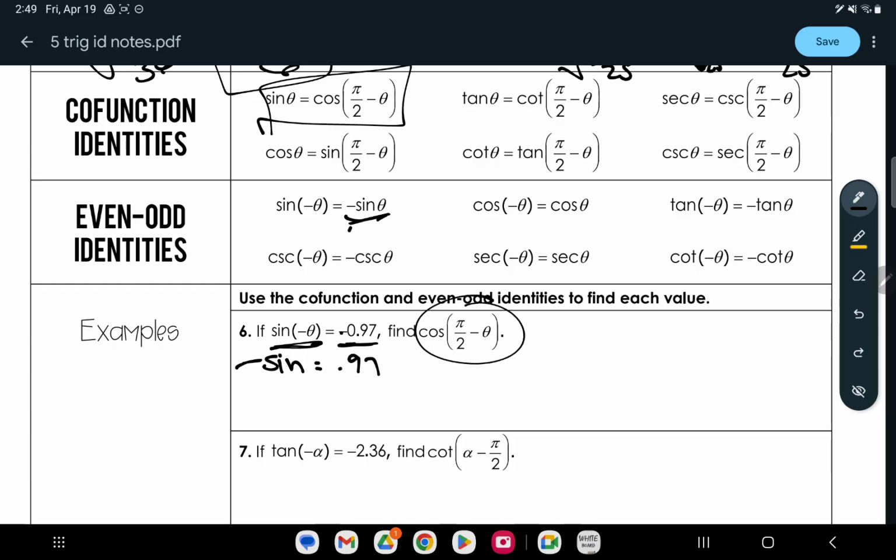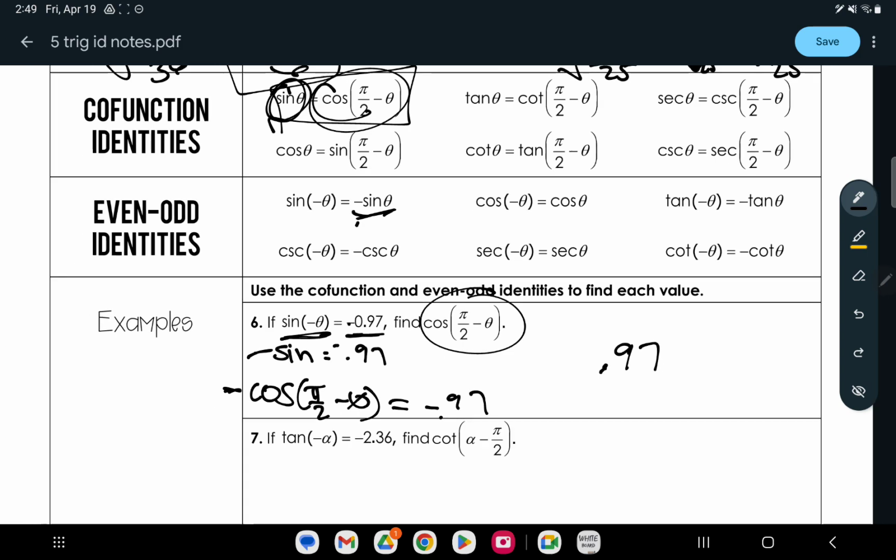So that's this right here. So I just need sine. So negative sine would be negative cosine of pi over 2 minus theta, because sine equals this. So negative cosine equals negative 0.97. So both sides are negative, so I can get rid of it, so it's just positive 0.97.